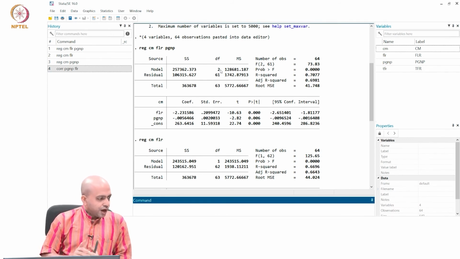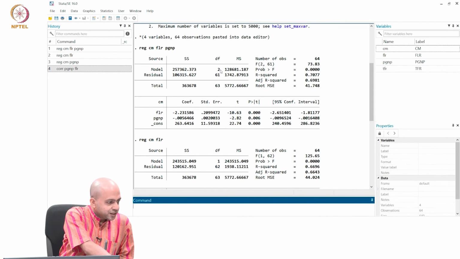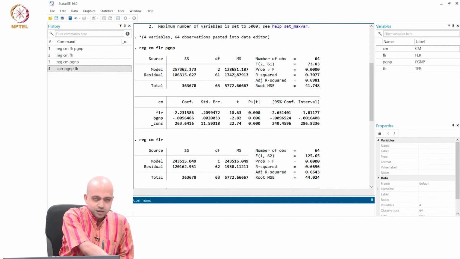So, how is this F defined then? If you take a ratio of these MS. So, how is this MS? MS is basically SS by its degrees of freedom. So, we have 2 MS, right?